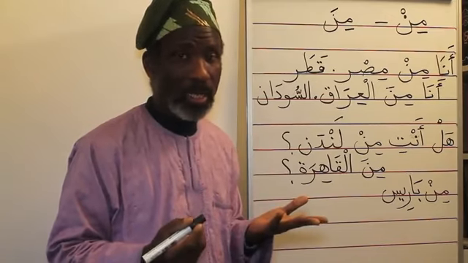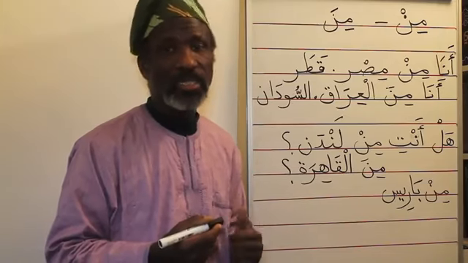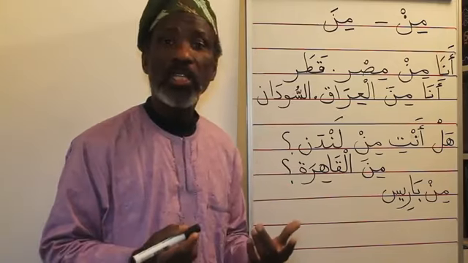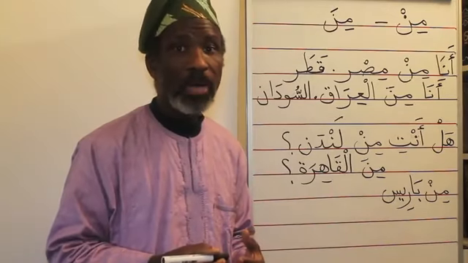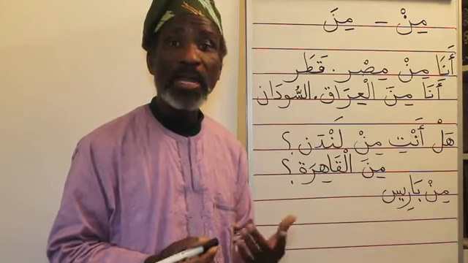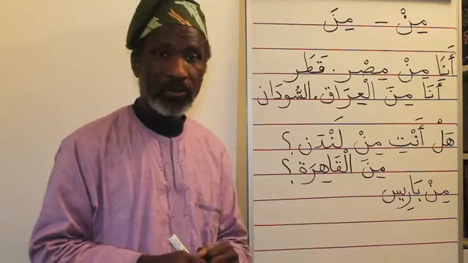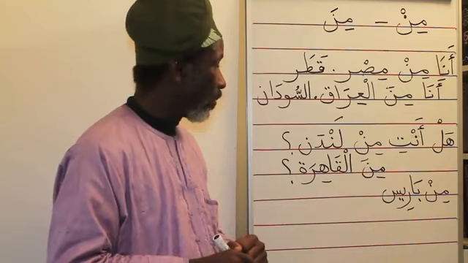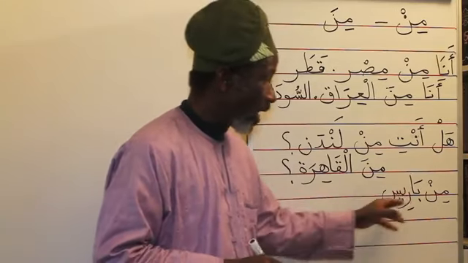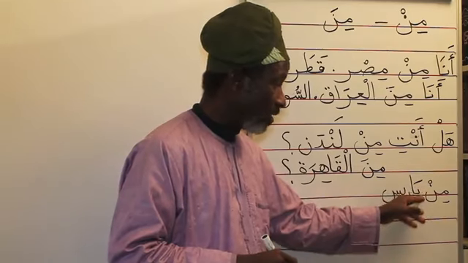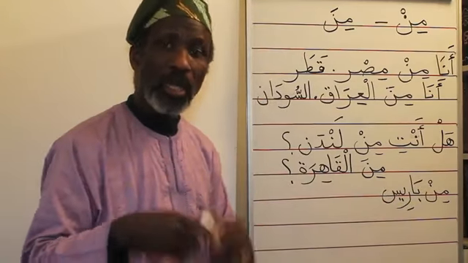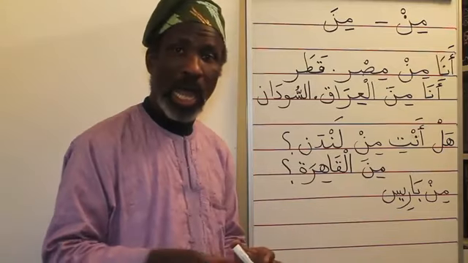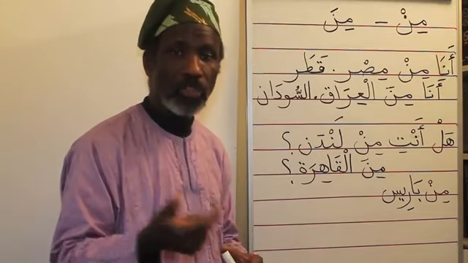There's no p, so you use ba instead. An Arab person will say Baris rather than Paris. Ana min Paris. There's no al here, so therefore we retain the sukun on the noon. Inshallah, later on you're going to learn more about the names of cities and countries as well.